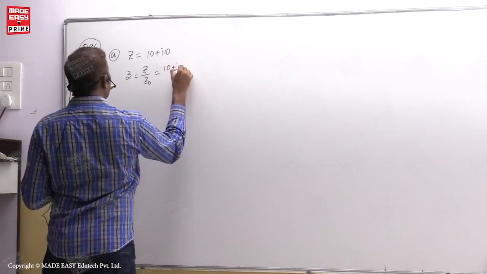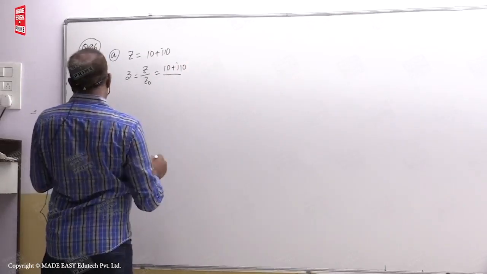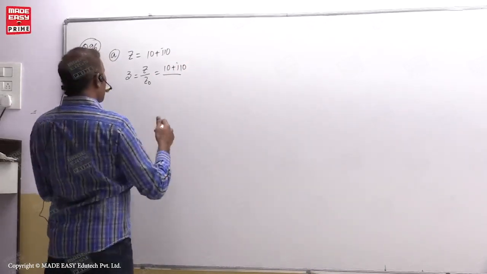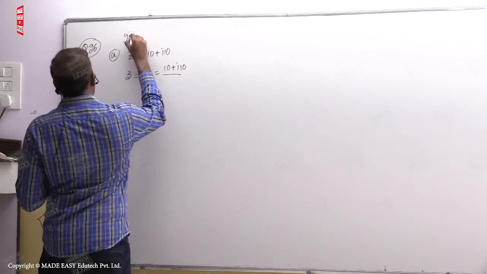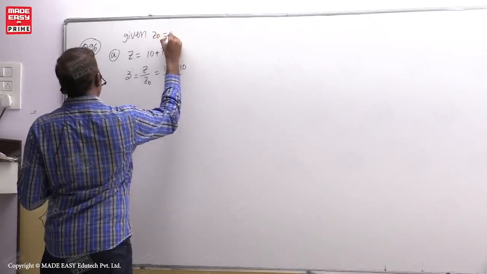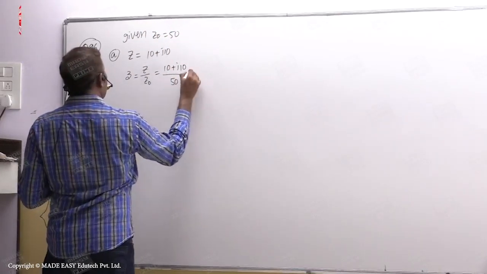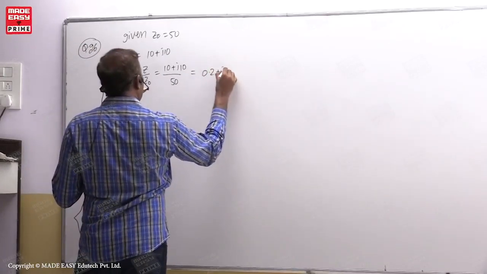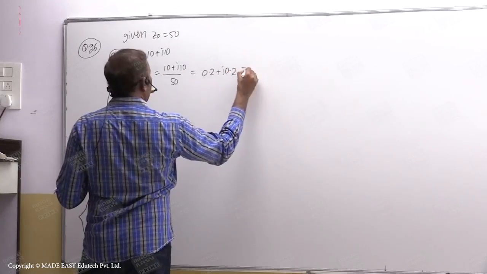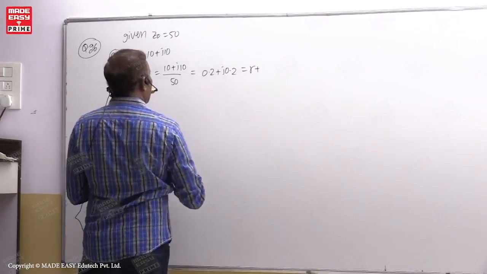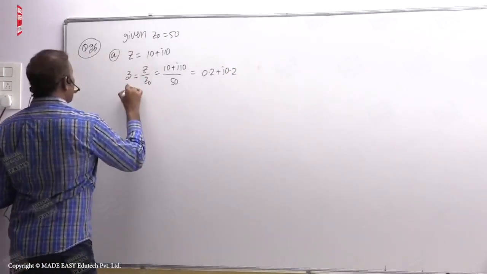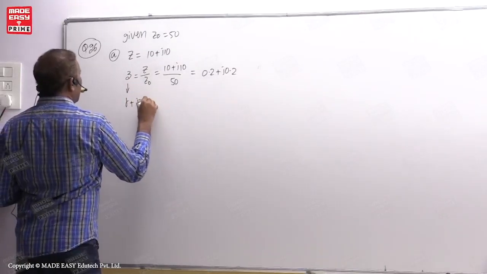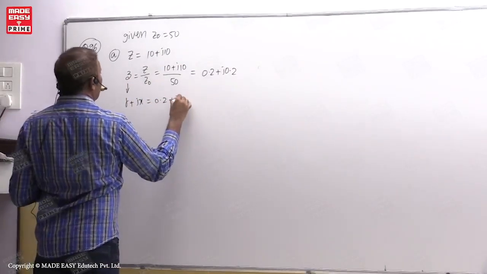So 10 plus j10 divided by Z0, which is given above the Smith chart as 50. So that is equal to 0.2 plus j0.2, that is small z is equal to r plus jx.